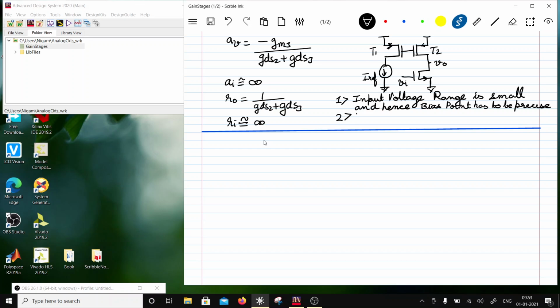Second thing was that there was a Miller capacitance CGD that decides the first corner frequency.